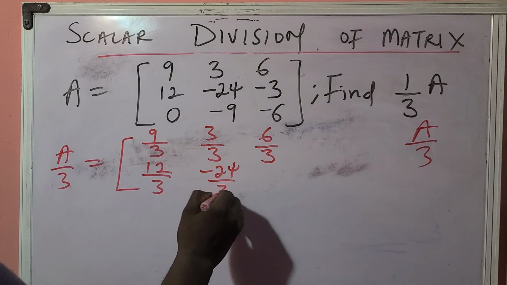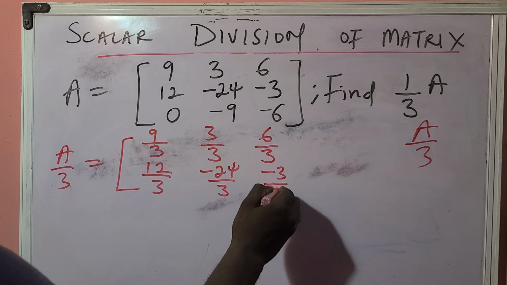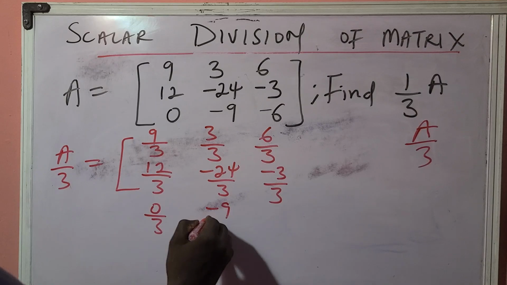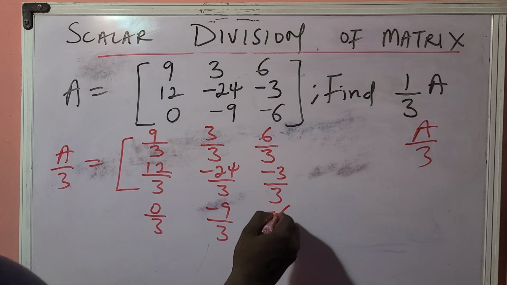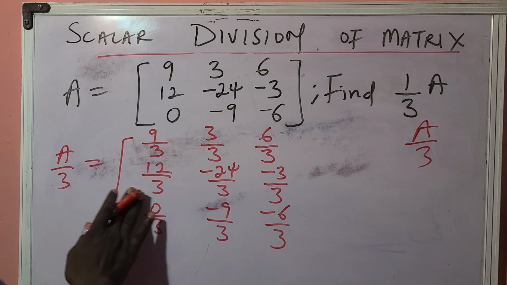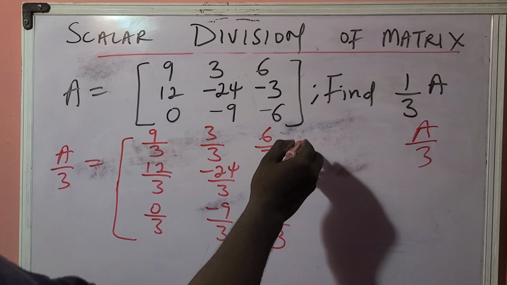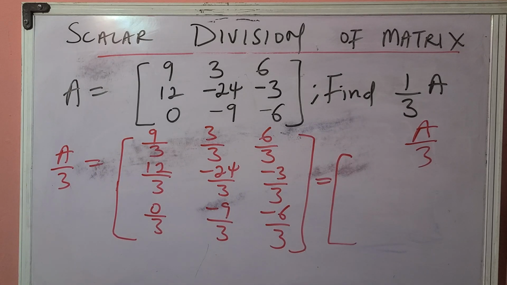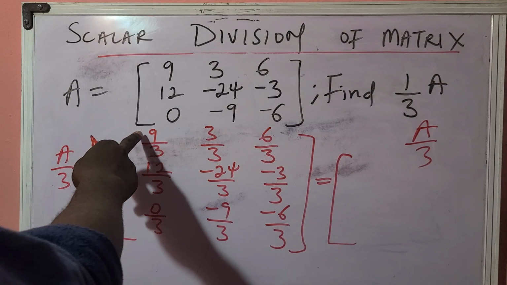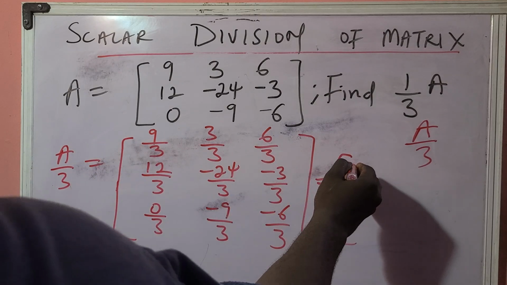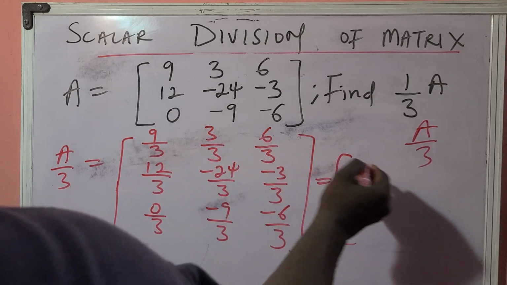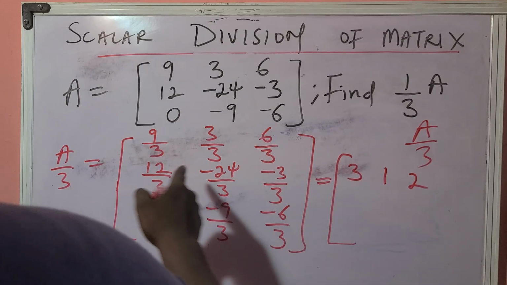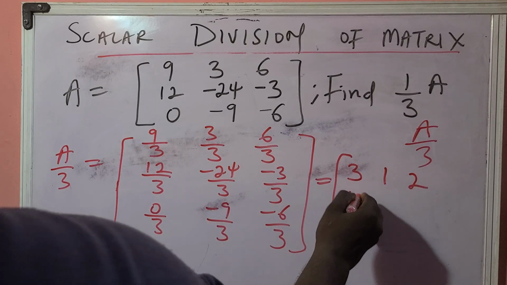Minus 24 over 3, minus 3 over 3, 0 over 3, minus 9 over 3, and minus 6 over 3. So what we have right here is going to give us 9 over 3, and that will be 3. 3 over 3, that will be 1. 6 over 3, that will be 2. 12 over 3, that will be 4.